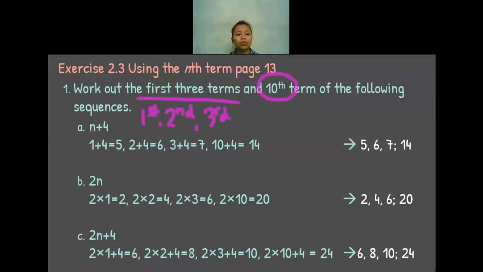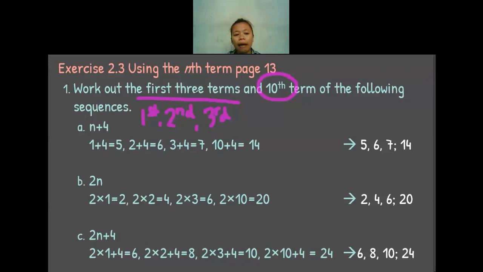Okay, let us continue to question 1. Now we are at the practice book, page 13, exercise 2.3. We are going to find the first 3 terms and also the 10th term. Because this is the first 3 terms, it means we have to find the first, the second, and also the third.